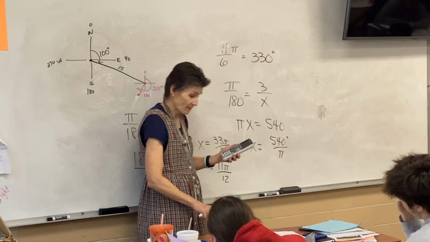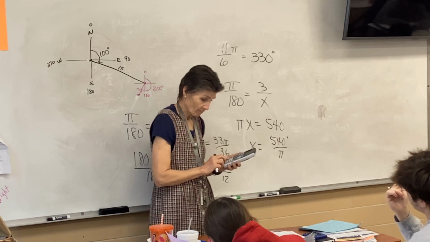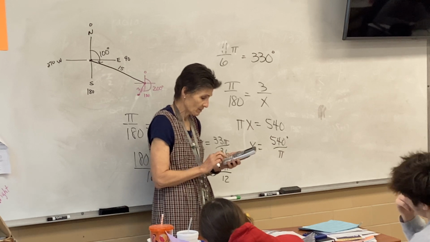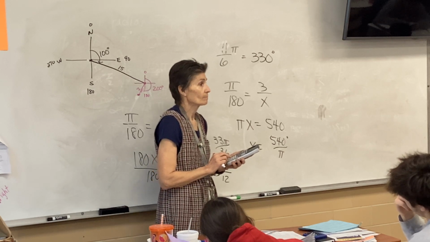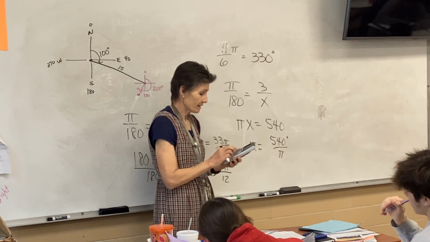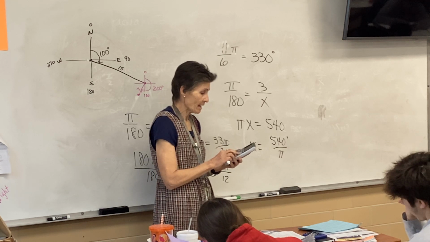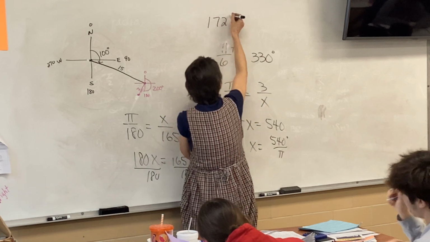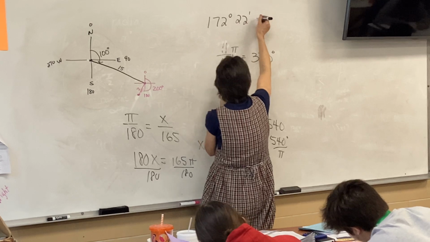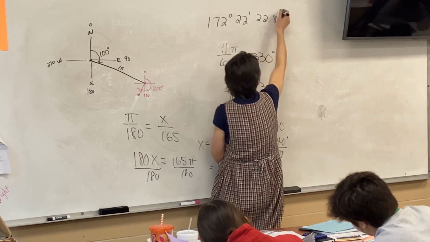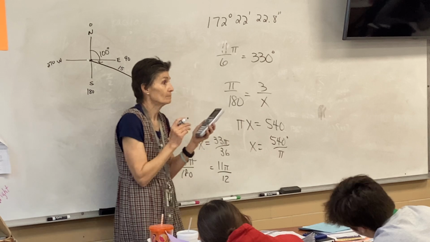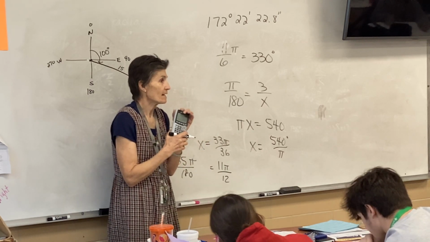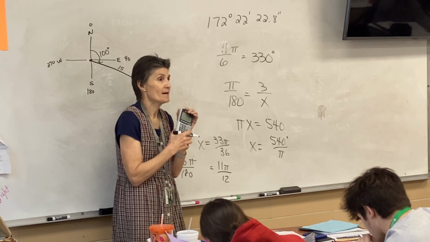All right, degrees, minutes, seconds, here we go. 172.373. Second angle DMS. 172 degrees, 22 minutes, and 22.8 seconds. Is that what you got? How do you change into degrees, minutes, seconds? You use your DMS button.